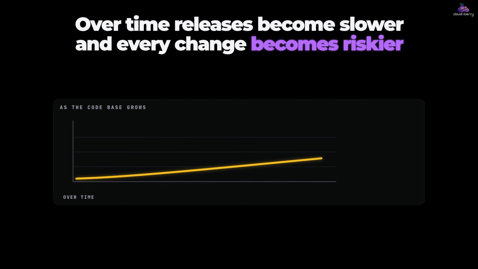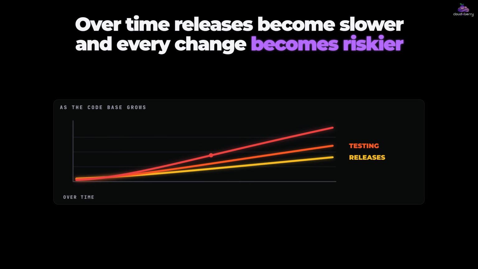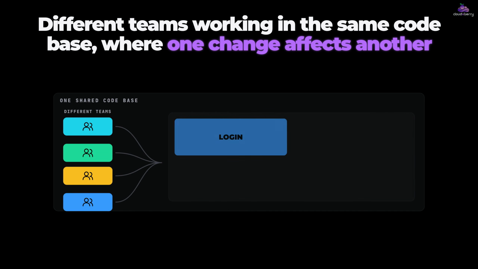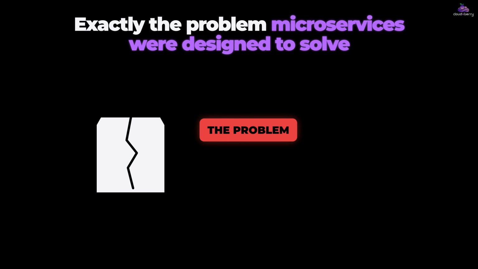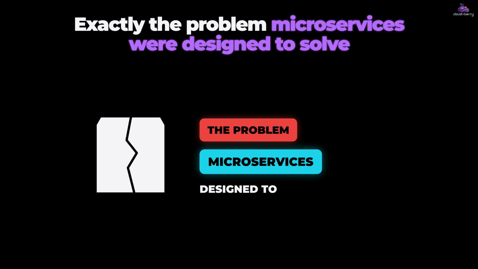Over time, releases become slower, testing takes longer, and making even a small change becomes riskier. Different teams also end up working in the same code base, making it easier for one change to accidentally affect another feature. This is exactly the problem that microservices were designed to solve.